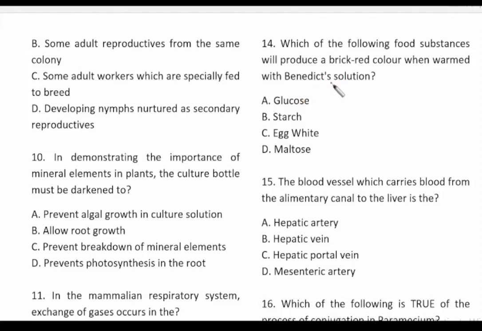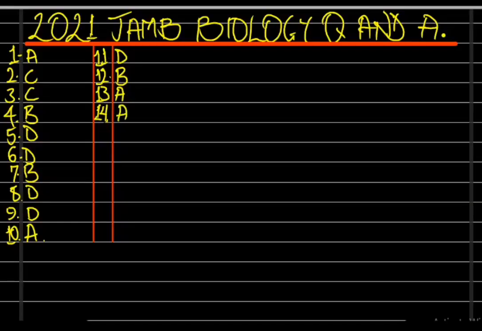Now, Benedict solution is actually a blue colored solution, but when it is used to test a substance, depending on the volume or the concentration of this glucose that is in this food substance, if it is a low amount of glucose, you find the substance changing from the blue color to greenish yellow color. But if the glucose in it is of high amount, it will change from the blue color of the Benedict solution to a brick red color. So that is the answer to question 14, option A.